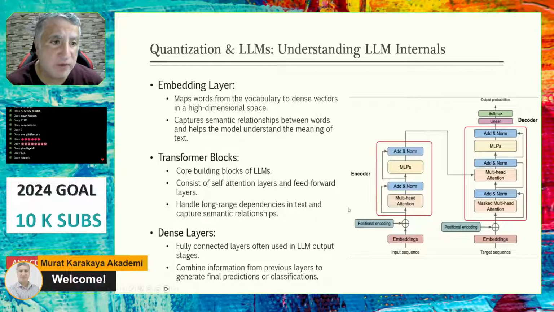In that structure, we have substructures or layers. The first important layer is the embedding layer. Its responsibility is to convert the text into some vector representation. After that, we have a number of transformer blocks coming one after another. You see here one transformer block in the encoder part, and here the decoder transformer on the right side. Actually, a large language model has multiples of these, for example, 12 of these blocks coming one after another.